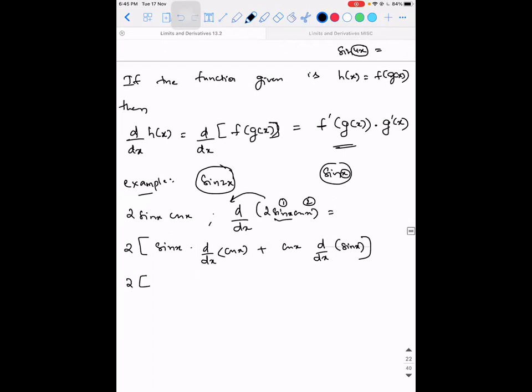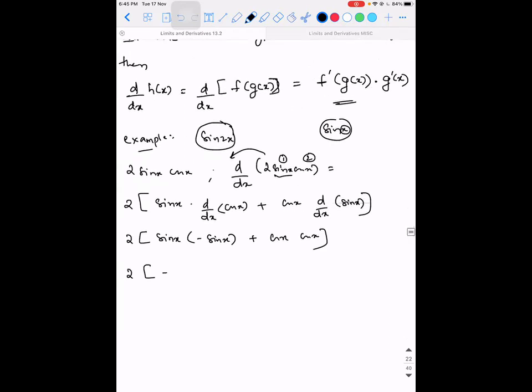So 2 into sin x into derivative of cos x, which is minus sin x, plus cos x into derivative of sin x, which is cos x. So it becomes 2 into minus sin square x plus cos square x. So 2 multiplied with cos square x minus sin square x, which is cos 2x. So the derivative of sin 2x is 2 cos 2x. So these are all the steps we have followed.